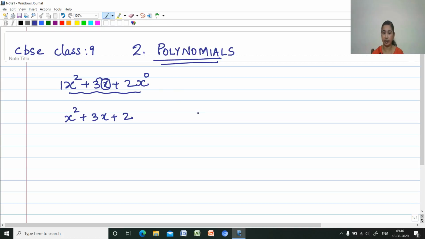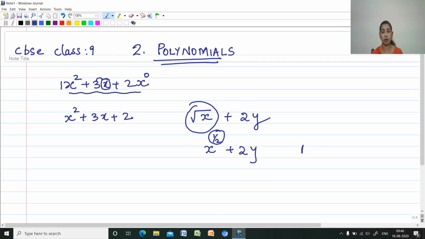Whereas if I write some other expression as root x plus 2y, it is not a polynomial, because root x means x raised to 1 by 2, plus 2y. The power of x is 1 by 2, which is not a whole number.